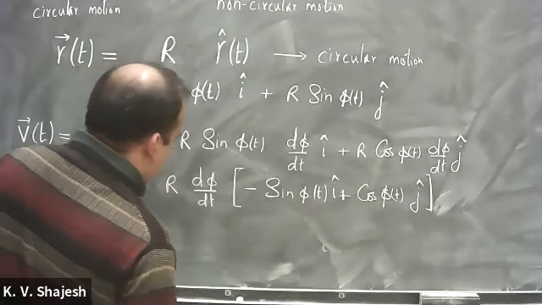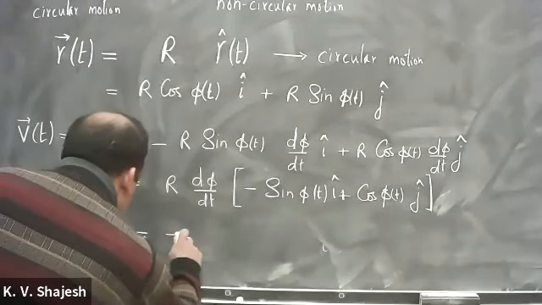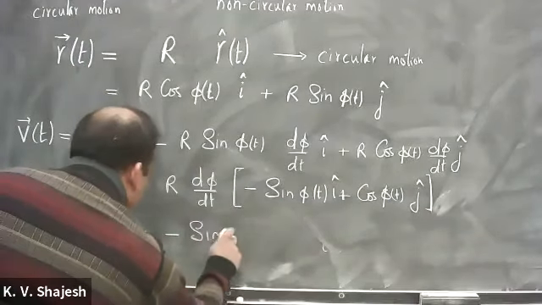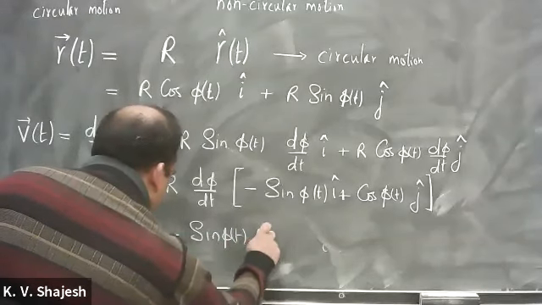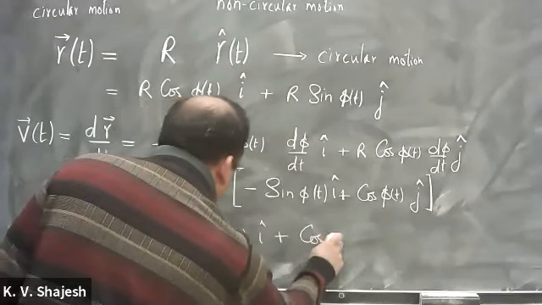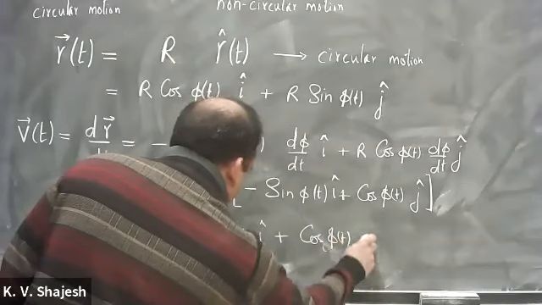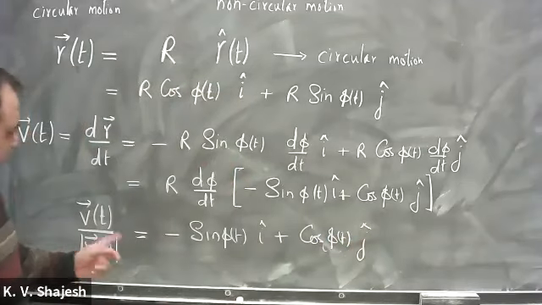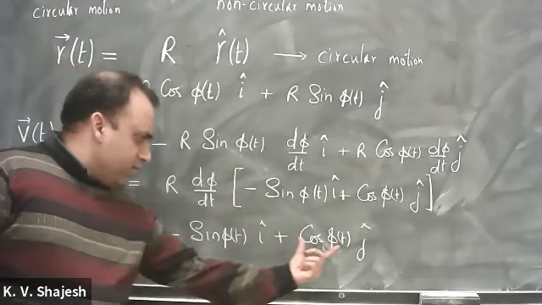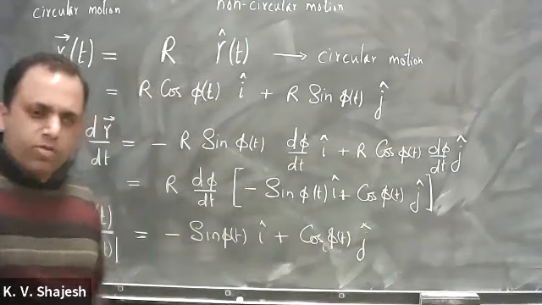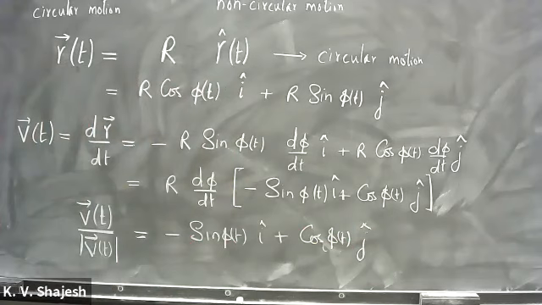You can take the magnitude and do this. This will be equal to minus sine phi of t times i hat plus cosine phi of t times j hat. Again, what's the length of this unit vector? It will be sine squared phi plus cosine squared phi. It will come out to be 1. Like always, when you divide by its magnitude, its length will be equal to 1.